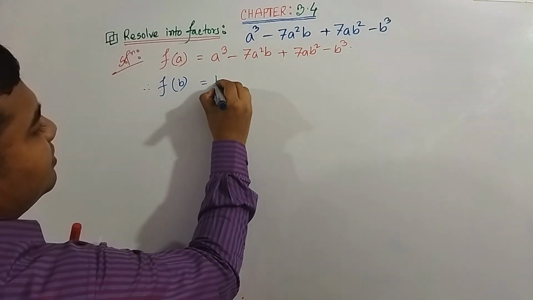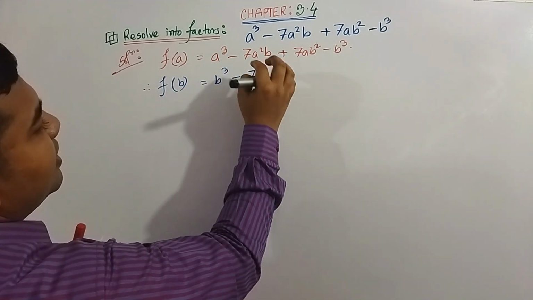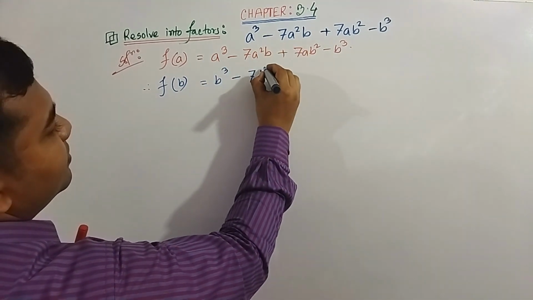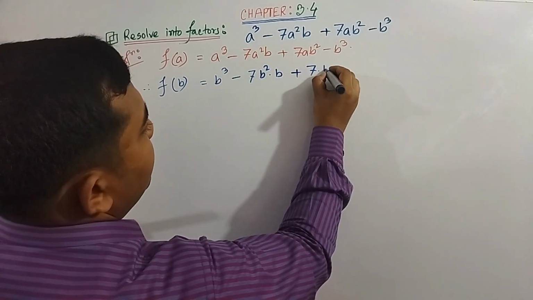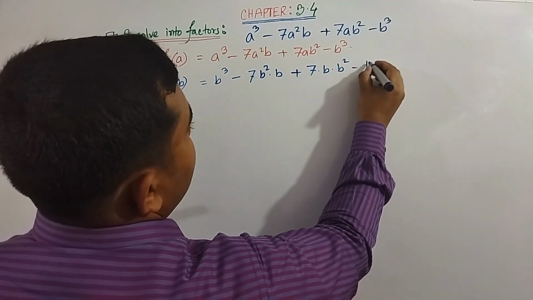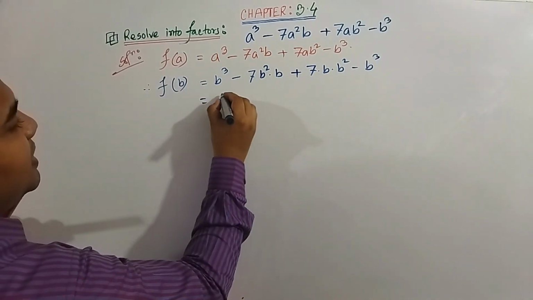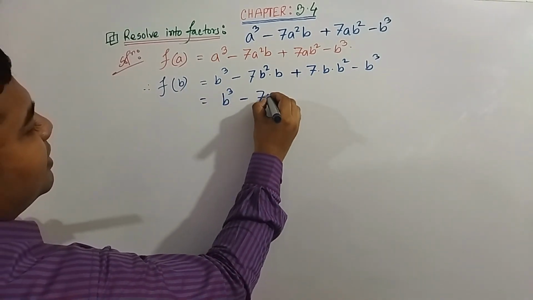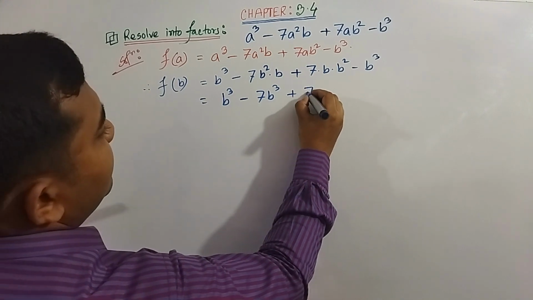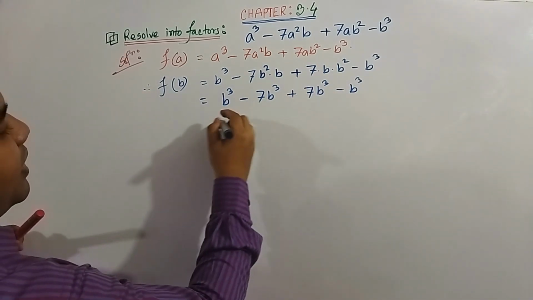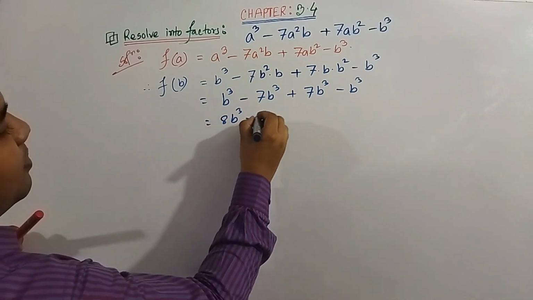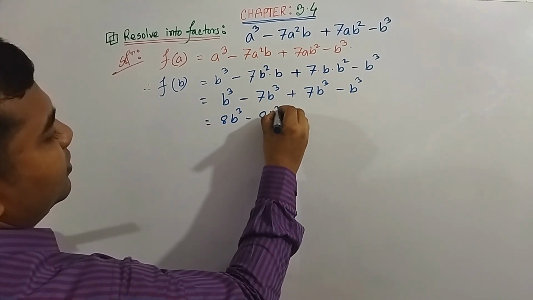We get b cube minus 7 b into b square plus 7 b into b square minus b cube. That means b cube minus 7b cube plus 7b cube minus b cube. So 8b cube minus 8b cube, that is 0.